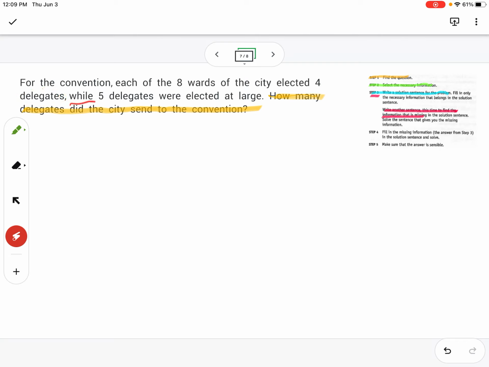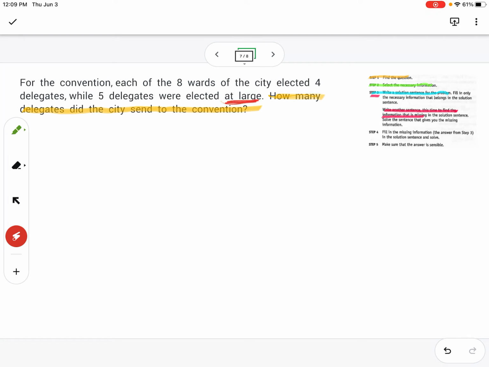Okay. While 5 delegates were elected at large. And now, you really got to know what that means, because this is totally going to affect the problem. At large means that if, let's say, I've got a city with 8 neighborhoods in it, the first number of people are being elected from each of the 8 wards.